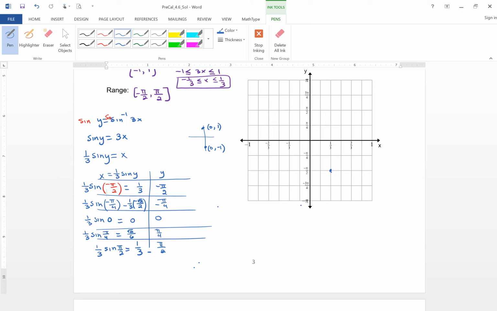Oh yeah, it is negative 1 over 3. So here. All right, when x is 0, y is 0. When x is 1 over 3, y is pi over 2. Okay? And these are the middle points here. So it looks like this. It's a curve. It's a curvy line. Okay?